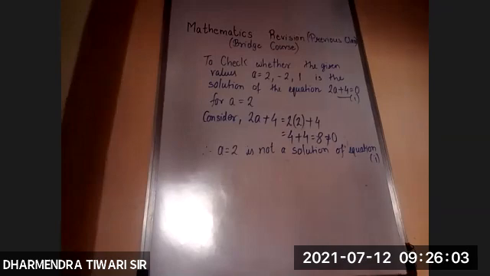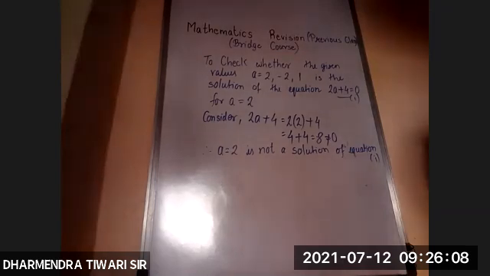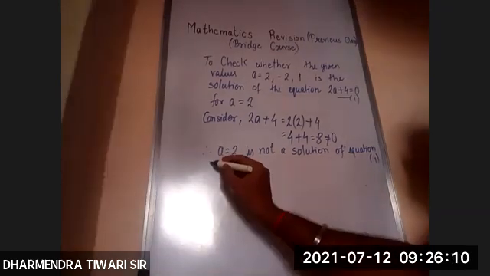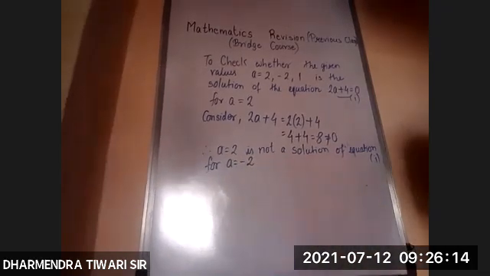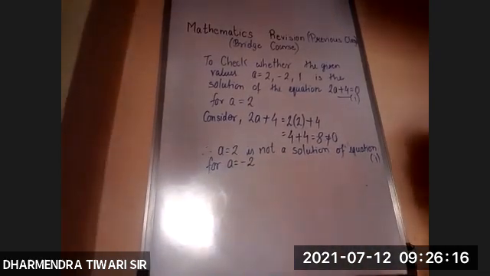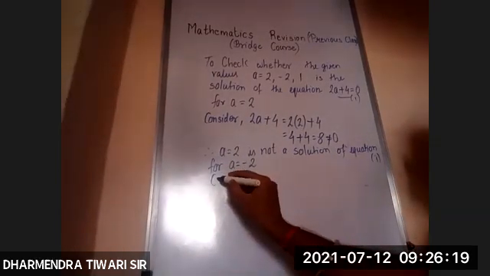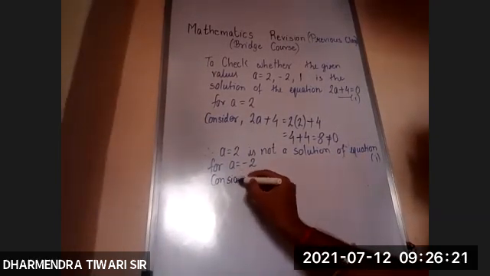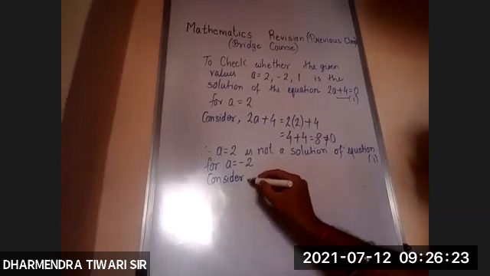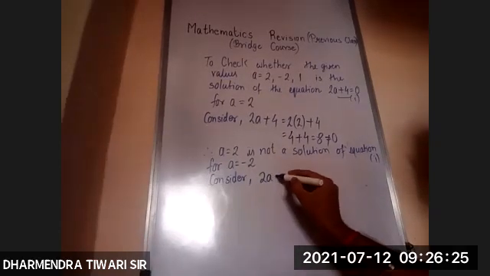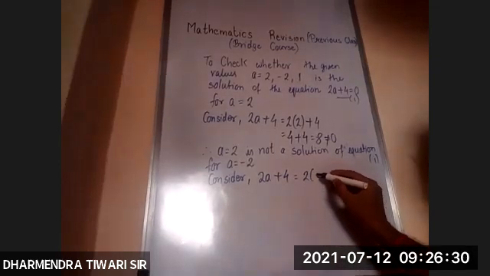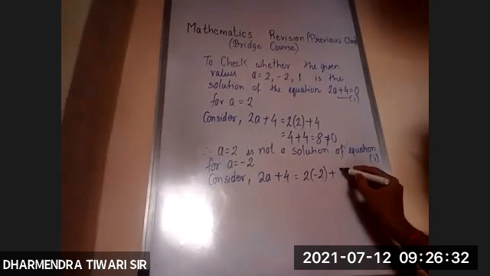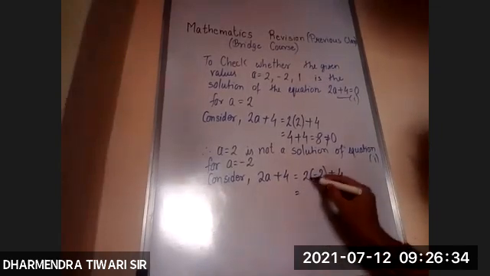So now let's check for a equal to minus 2. For a equal to minus 2, consider 2a plus 4, 2, value of a is minus 2, plus 4.